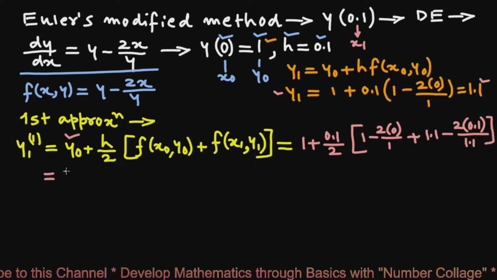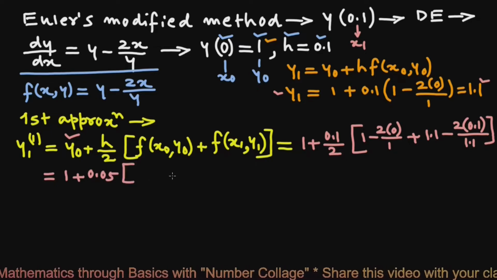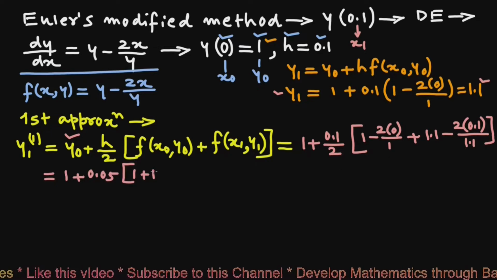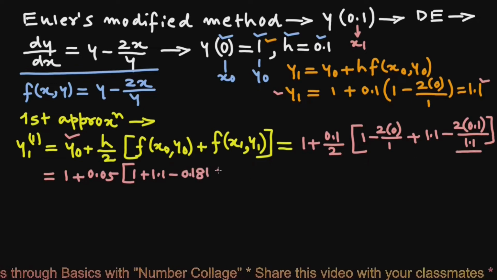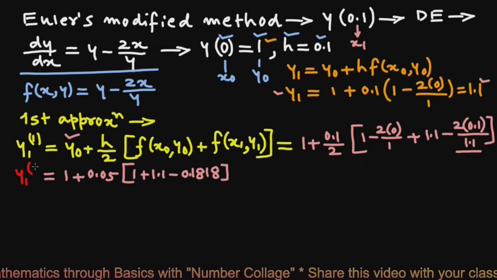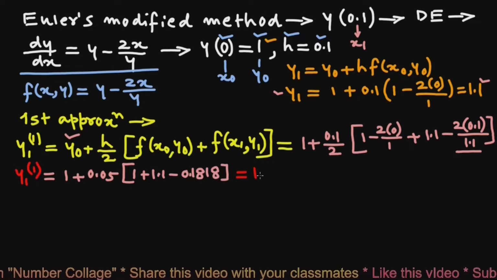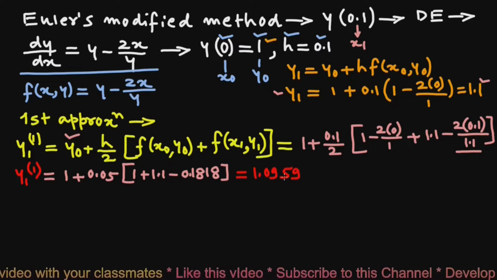So that will be 1 plus 0.05 multiplied by [1 plus 1.1 minus this part, which will be 0.1818]. So that finally gives us y1^(1) equals 1.0959, which we have to use in the next approximation.